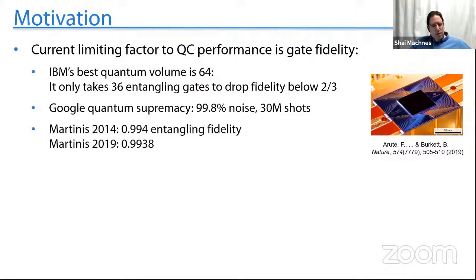Another way of looking at it is John Martinez, who headed the Google group, had a paper in 2014, something like superconducting qubits at the threshold of error correction. There, the entangling fidelity was 99.4%. In the supremacy experiment, the median entangling fidelity was 99.4%.